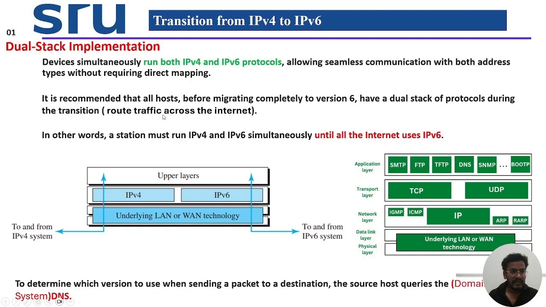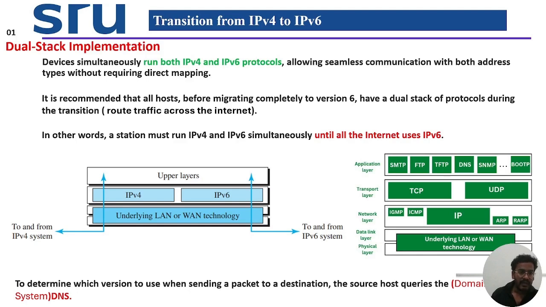So coming to the dual stack method, we can discuss it here deeply. Devices simultaneously run both IPv6 and IPv4 protocols, allowing seamless communication with both address types without requiring direct mappings. It is recommended that all hosts, before migrating completely to version 6, have a dual stack of protocols during the transition.